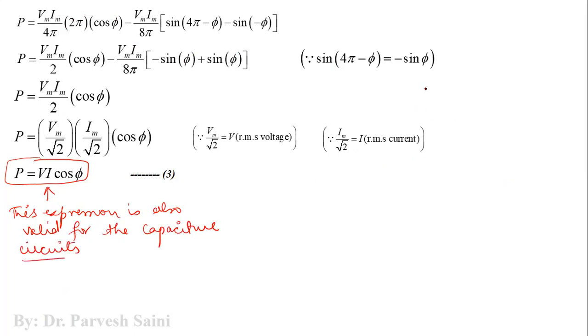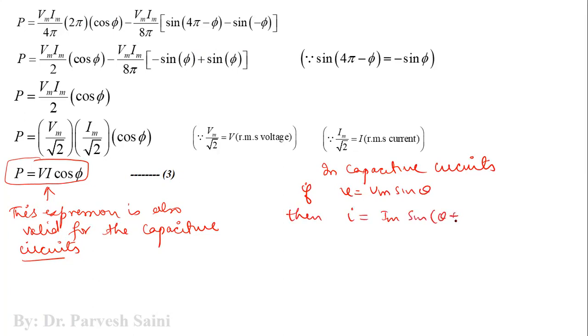And the reason is because in capacitive circuits, if V is equal to Vm sine theta, then I is equal to Im sine theta plus phi. Because in capacitive circuits, the current leads the voltage by angle phi, right?